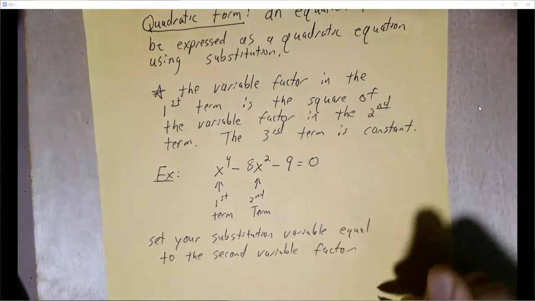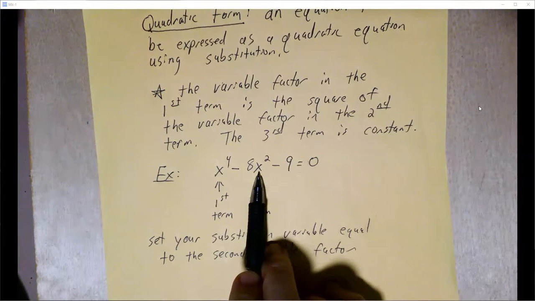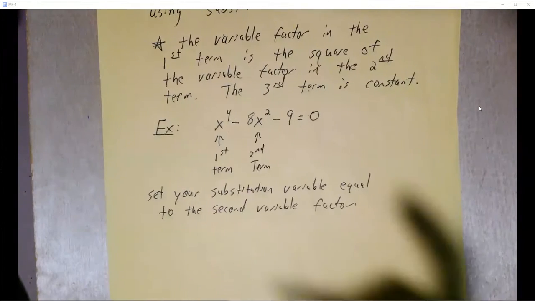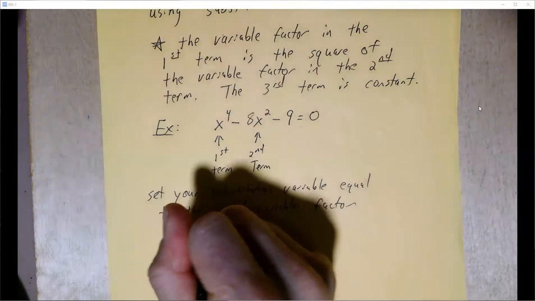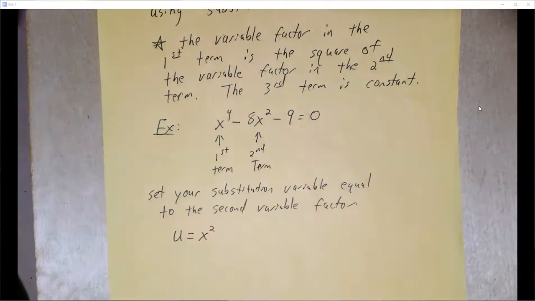Since that is my second variable factor, I am going to say let u equal x squared. This is where the substitution comes in.